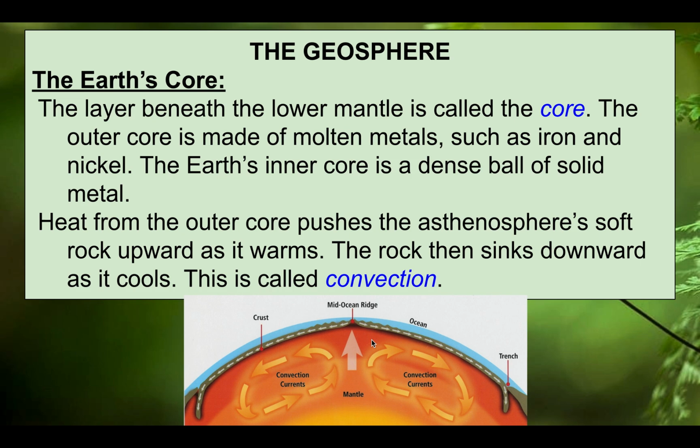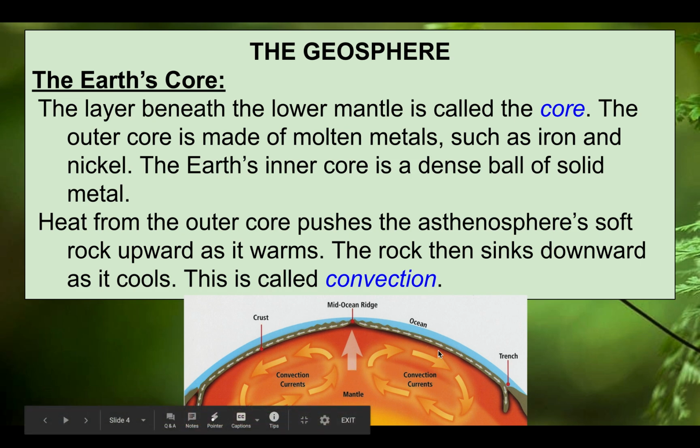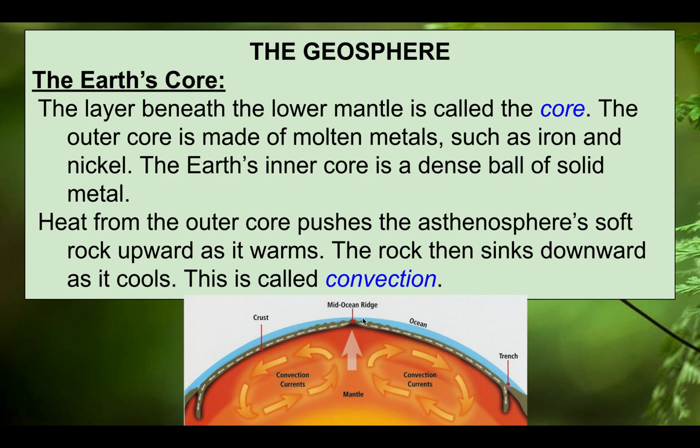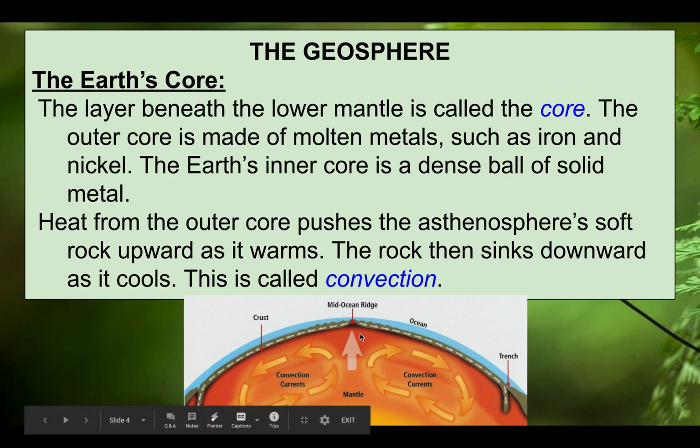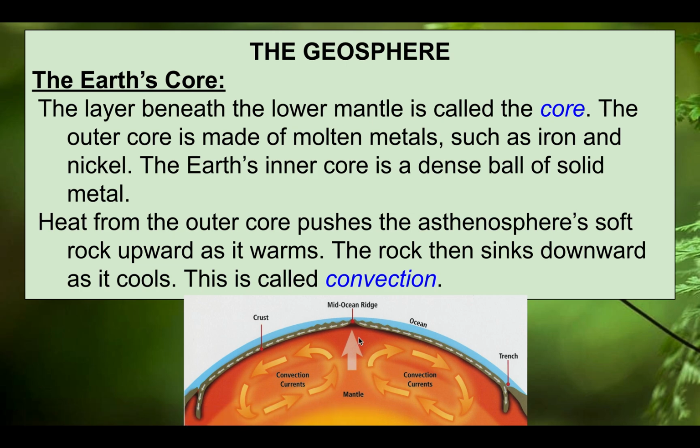The rock then sinks downward as it cools. This is called convection. So as you can see, you have currents of convection, okay? And it's going to push this rock upward as it gets warmer, because when we warm things, they expand, right? So this is going to push that rock upward.